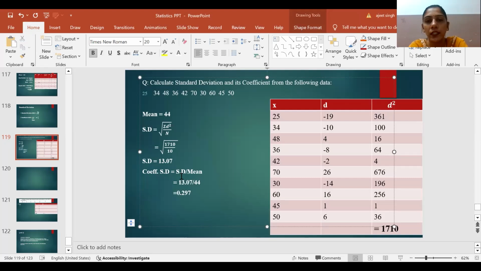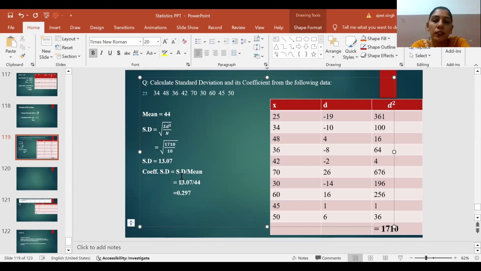In the chapter of central tendency, we calculated arithmetic mean for all the series: discrete series, continuous series, and individual series. So while calculating mean deviation and standard deviation, we first have to calculate the mean average of the given series. The formula of calculating mean is similar.